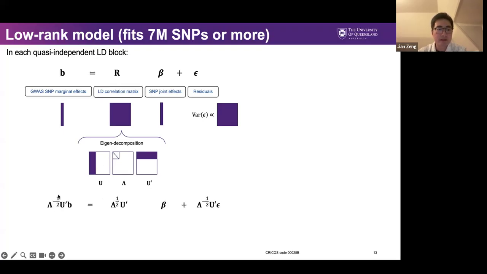Then, if we multiply both sides by the eigenvalue and eigenvector matrices, we end up with a new equation where the dimension of the y variable can be substantially reduced, but we preserve the dimension of the SNP effect.